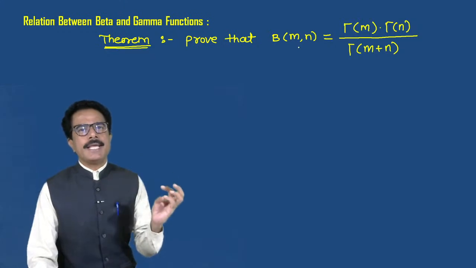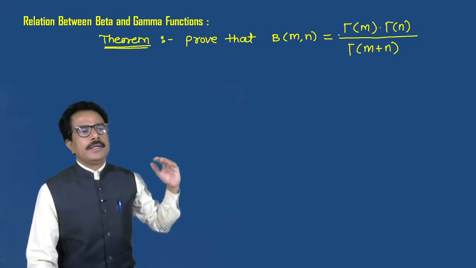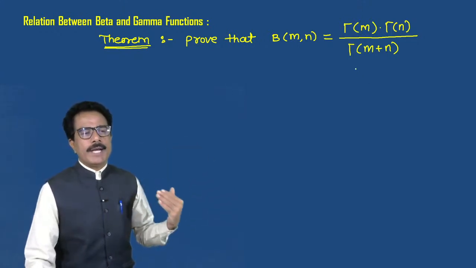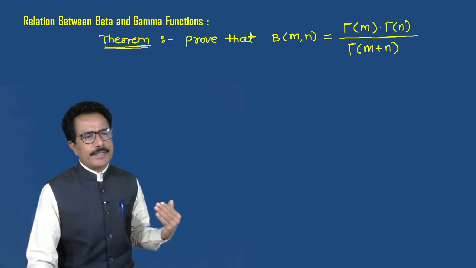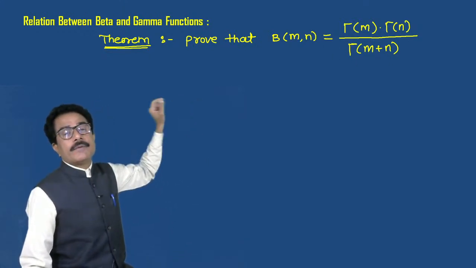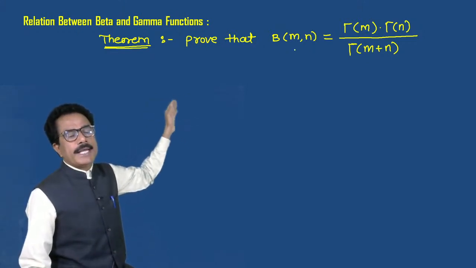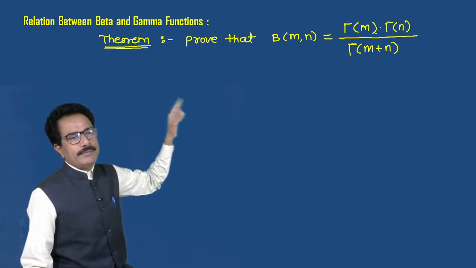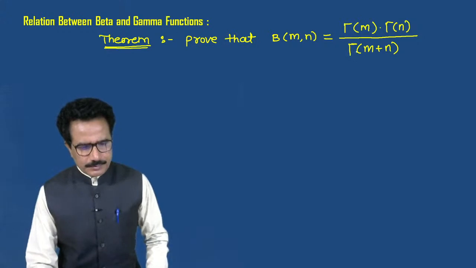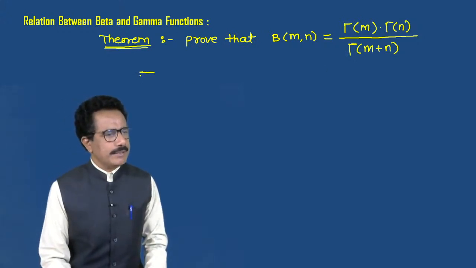That means beta m comma n is always equal to gamma m into gamma n divided by gamma of m plus n. This is our required proof. This is the relation between beta and gamma. Beta m comma n is equal to gamma of m, gamma of n divided by gamma of m plus n. Okay, now we can prove this relation from the gamma function.